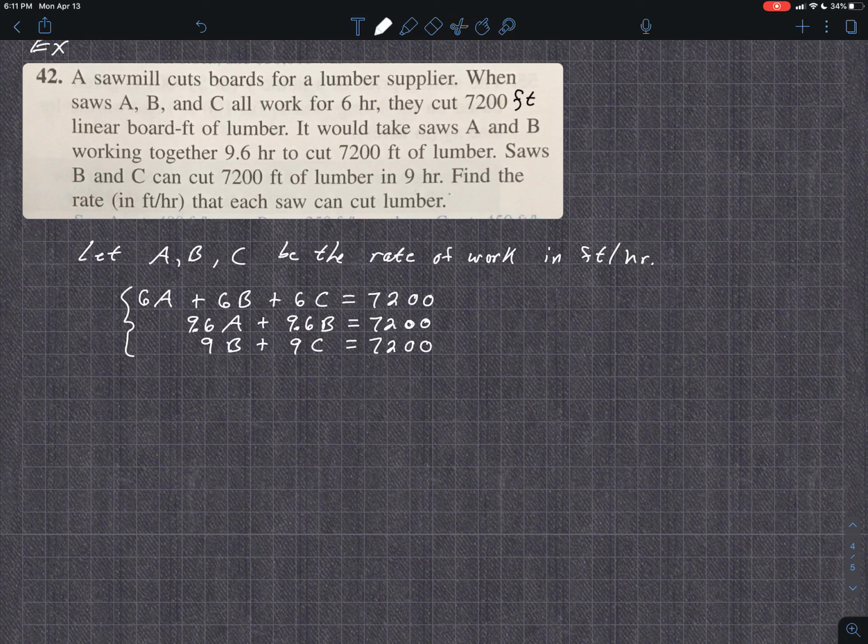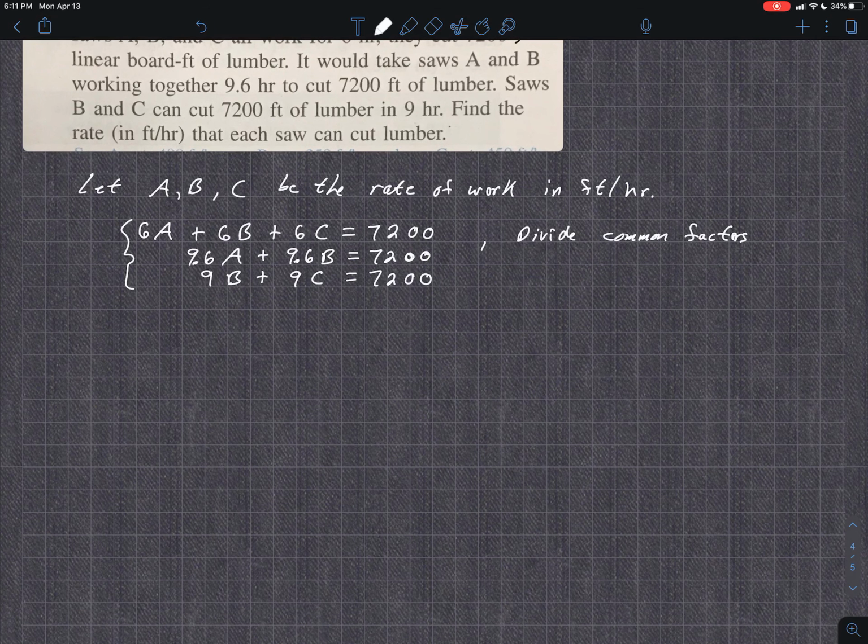Okay. Divide out common factors if you can. In the first one, you have a 6 in common. It turns out 9.6 divides, and so does 9. So it actually works out rather nicely for all of these.